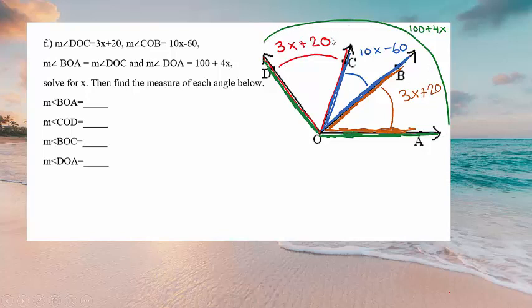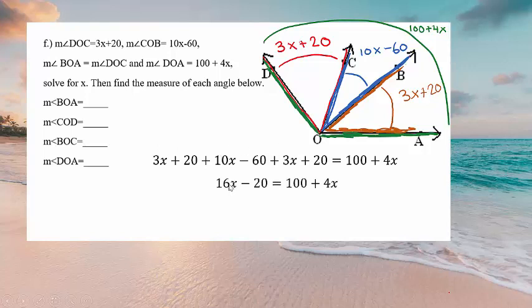So we're going to add all 3 angles, 1, 2, 3, and that's going to equal the entire angle DOA. So we'll go ahead and combine our like terms, 3, 10, and 3 to make 16x, 20, negative 60, and 20 to make negative 20. I'm going to minus the 4x over here and add the 20 over here and then divide by 12, and I find out that x is equal to 10.